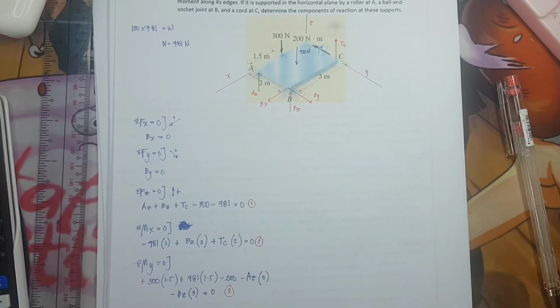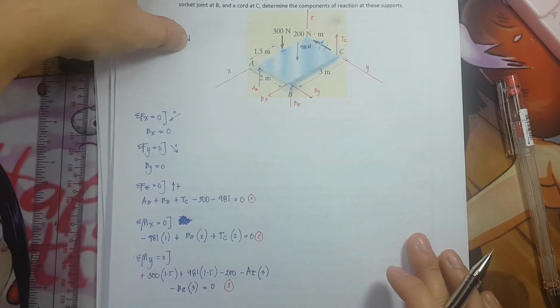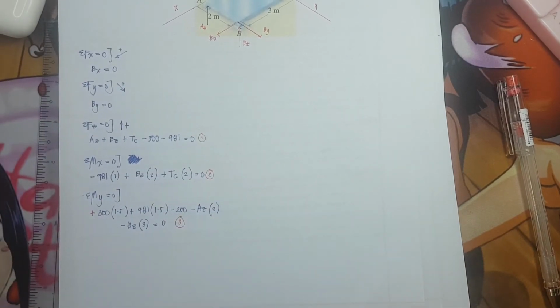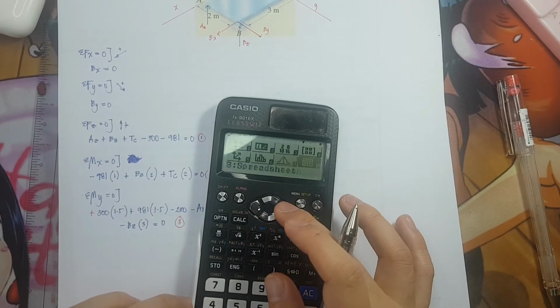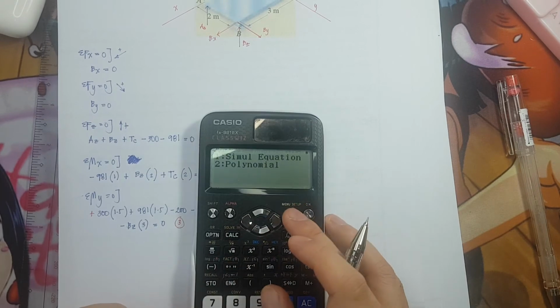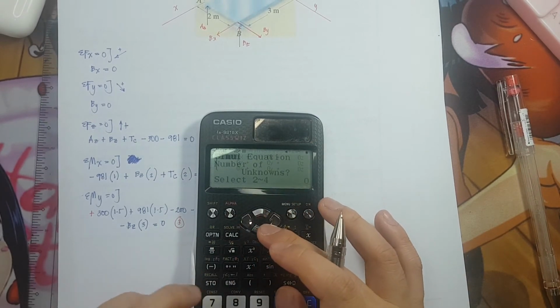Okay? Lastly, input these equations in your calculator. So, 3 unknowns, 3 equations. So, that is a simultaneous equation. Our unknowns, we have 3.